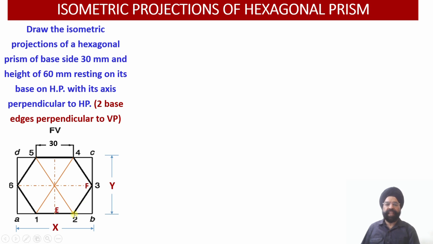Whereas the other four edges, that is 2-3, 3-4, 5-6 and 6-1, are non-isometric edges, and in isometric projections we also know that neither the angles nor the shape are preserved.